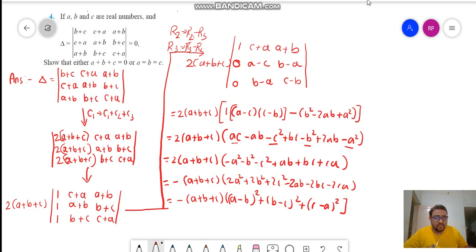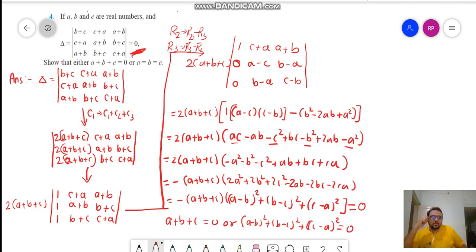And see, this value is given equal to 0. In the question you can see here, this is equal to 0. So if I take this equal to 0, that means a plus b plus c equal to 0, or a minus b whole square, b minus c whole square, and c minus a whole square equal to 0.